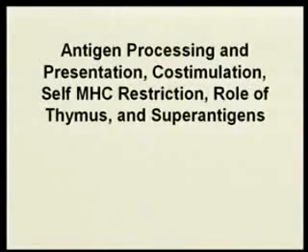How does that association happen? We'll talk a little more about co-stimulation and why that is important for the development of the immune response. We'll look at a little bit of the self-MHC restriction. Then we'll spend a little time talking about the role of the thymus and how that is very important in the education of the T cells. And finally, we'll spend a brief amount of time discussing superantigens and how the response to superantigens can differ from the response to conventional antigens.